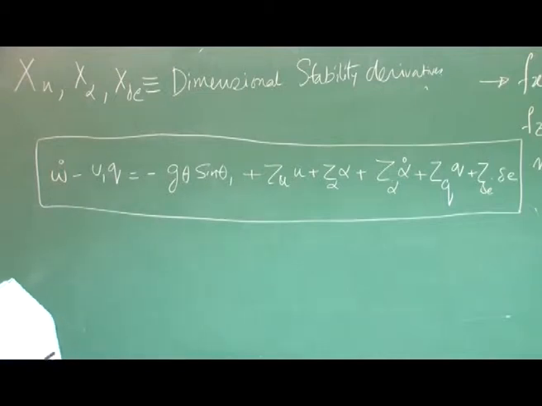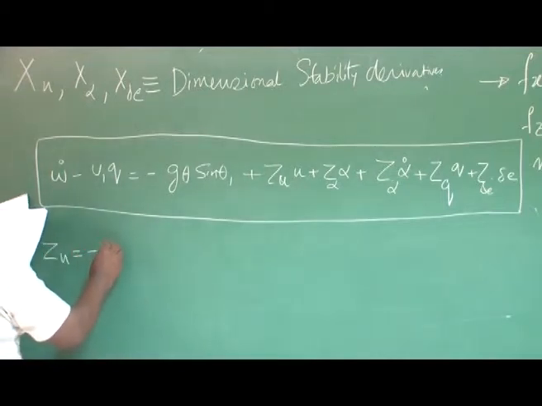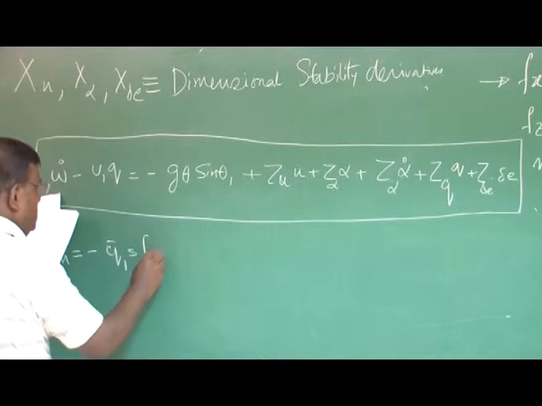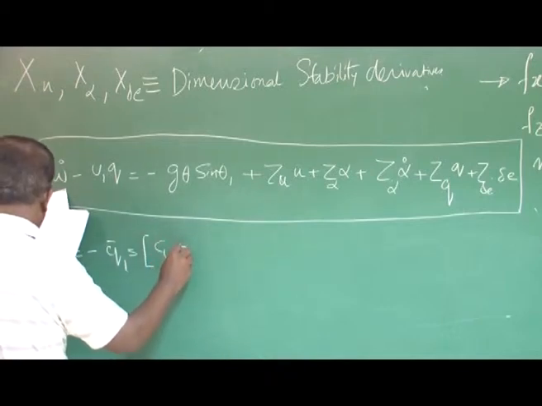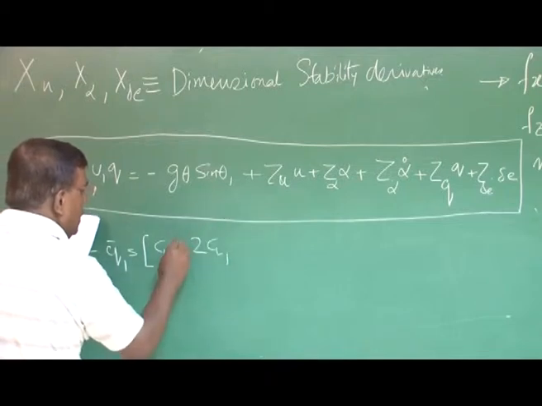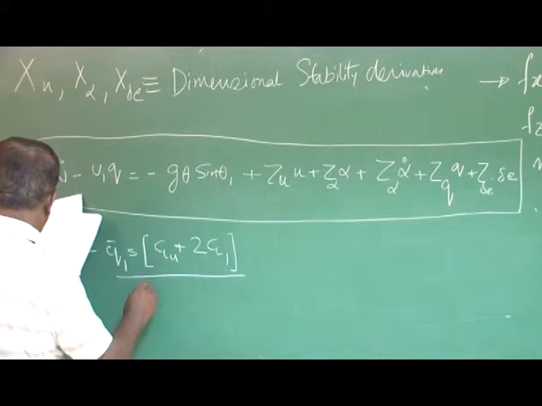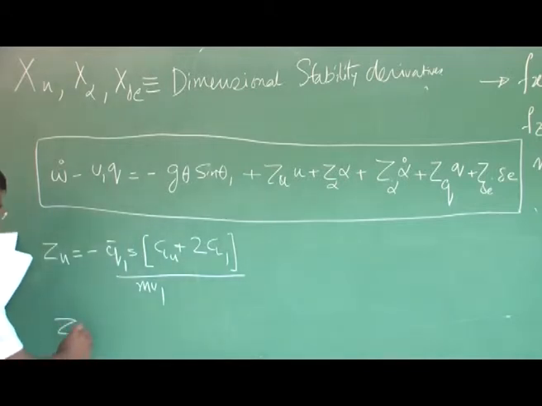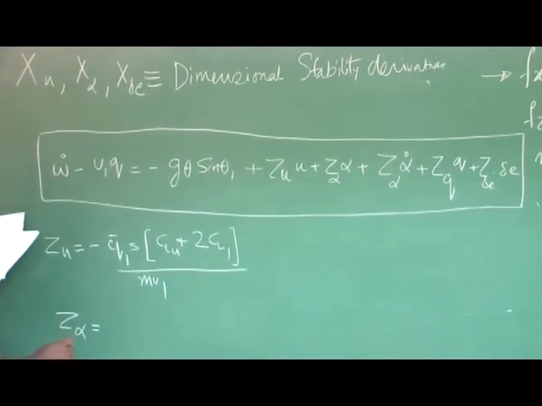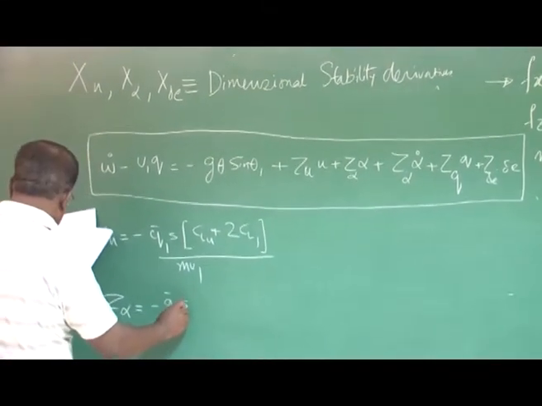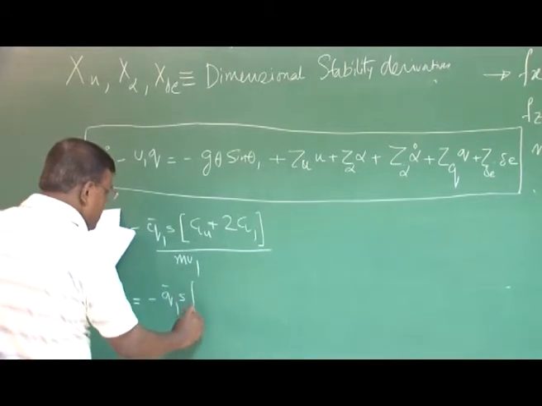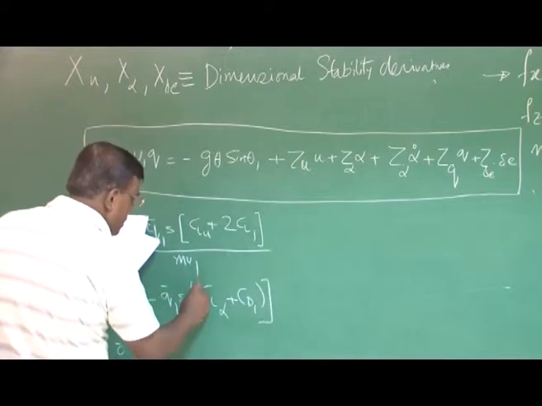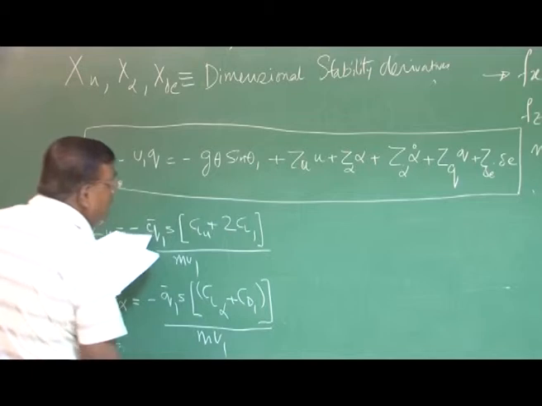And what will be the expression for Z_u? Z_u will be minus Q1 S (C_Lu plus 2 C_L1) divided by m U1. Then Z_alpha will be equal to minus Q1 S (C_L alpha plus C_D1) divided by m U1.